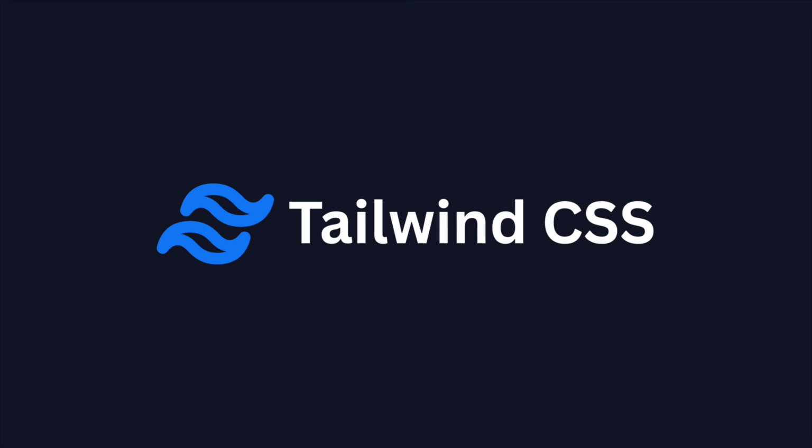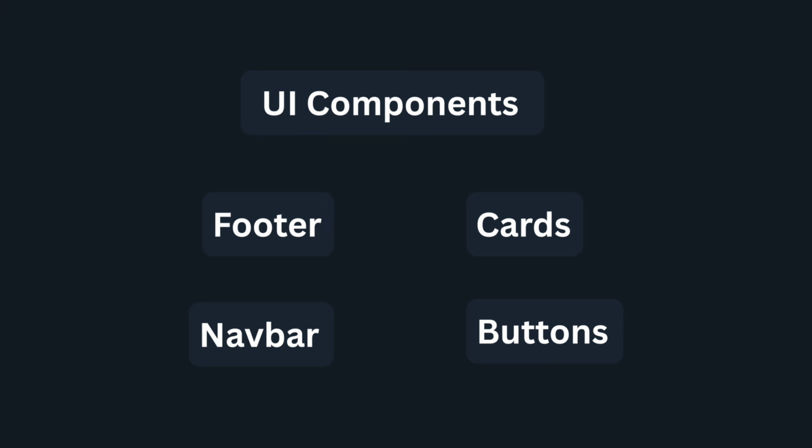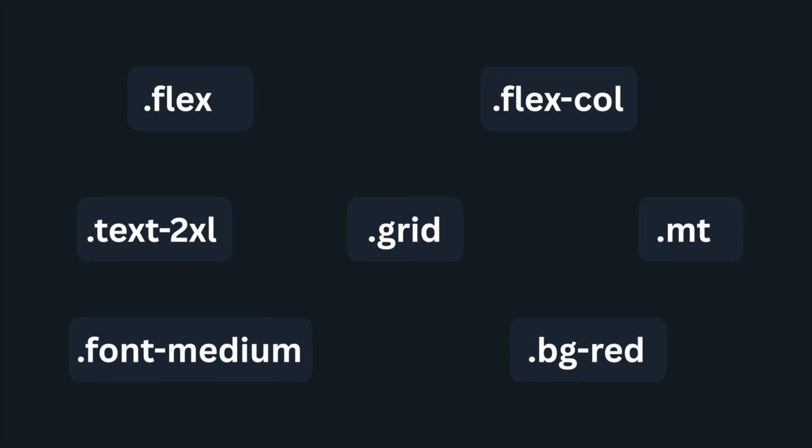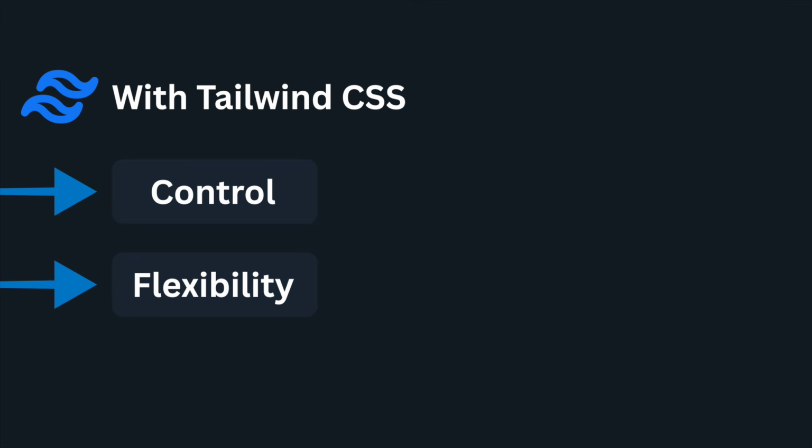With Tailwind, you don't get pre-built components. Instead, you get low-level utility classes that allow you to create your own components from scratch. This gives you more control, flexibility, and the ability to make your project look unique.